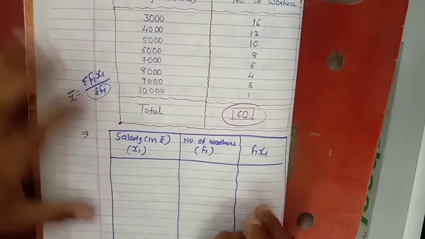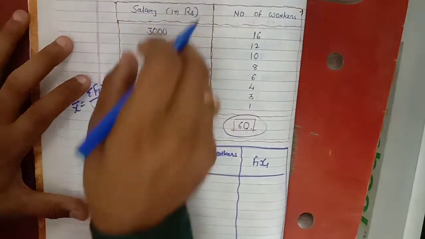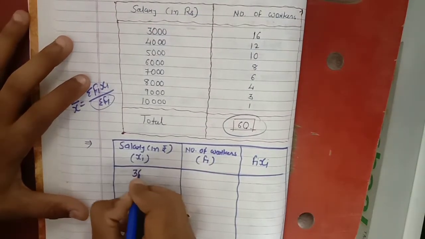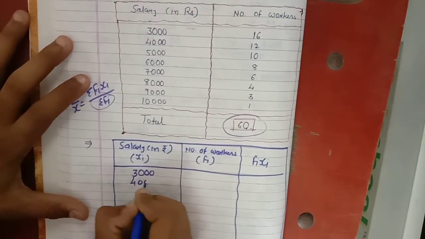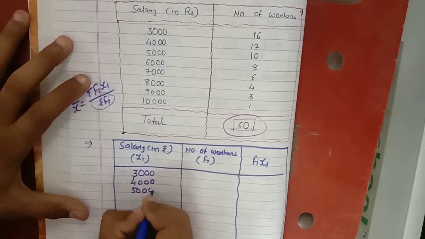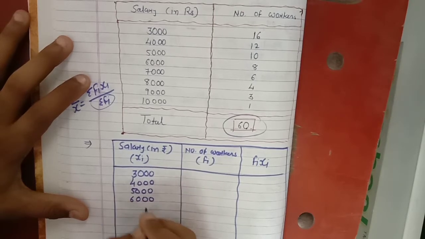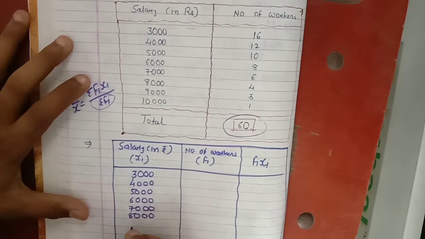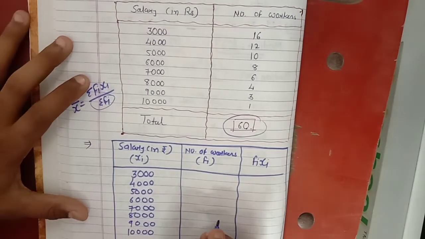First I copy what is given in the question: 3000, 4000, 5000, 6000, 7000, 8000, 9000, 10000.